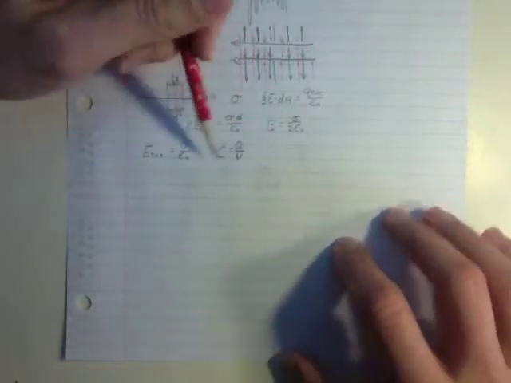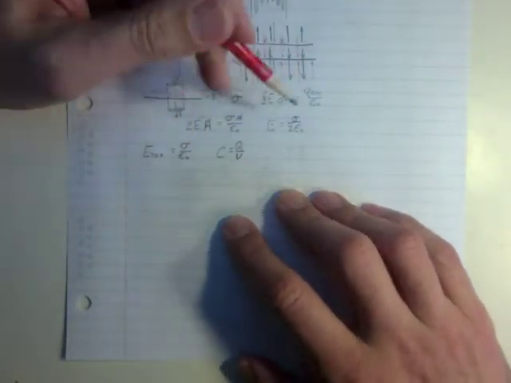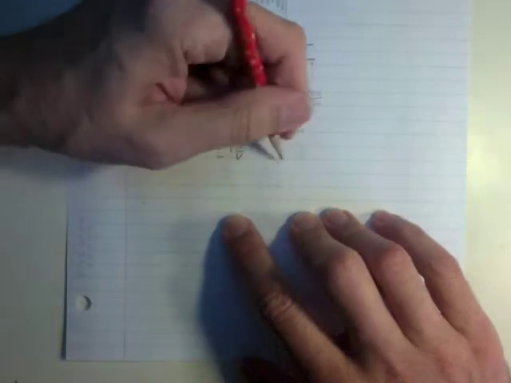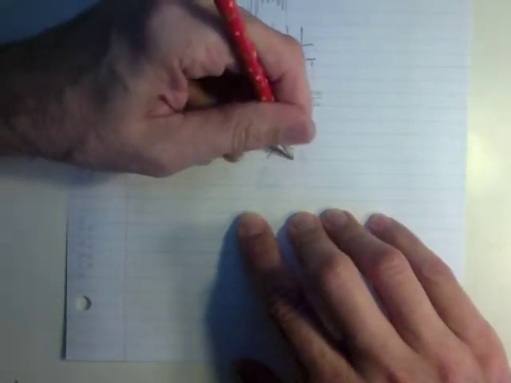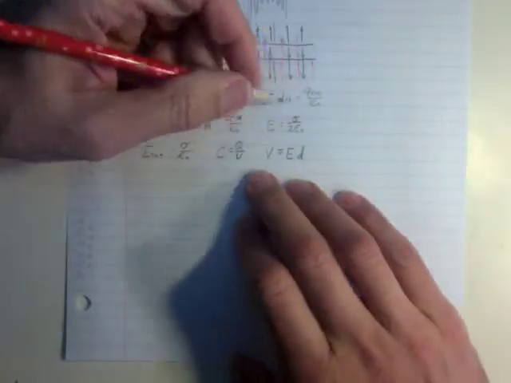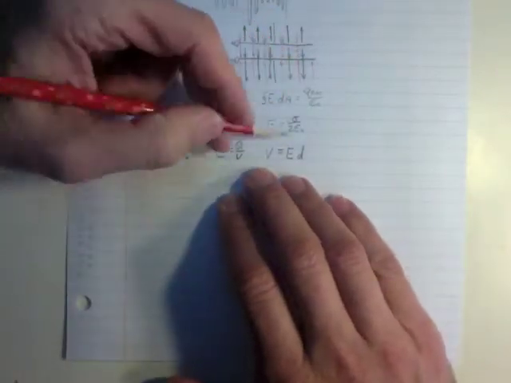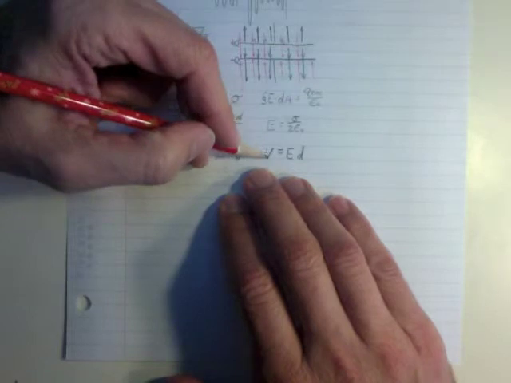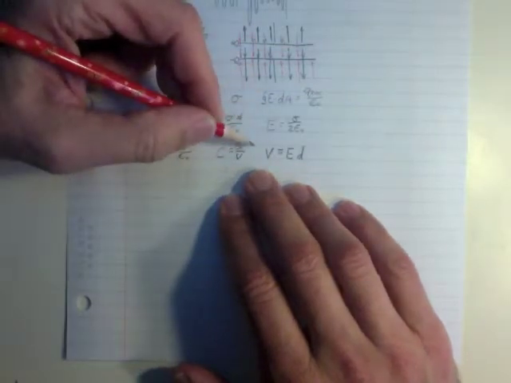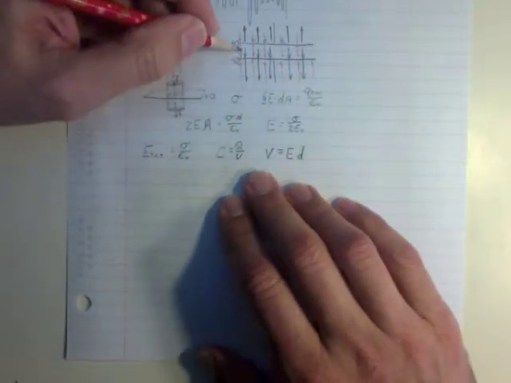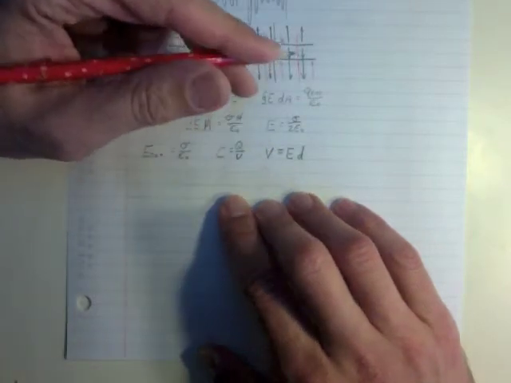Okay, so let's find the capacitance. We found the total electric field. Capacitance is Q over V, and the voltage is just E times D. It's a constant electric field, so we just multiply the electric field times the distance, and we get the voltage. I'm not worrying about the negative or the positive because the magnitude of the voltage is all I'm concerned about.